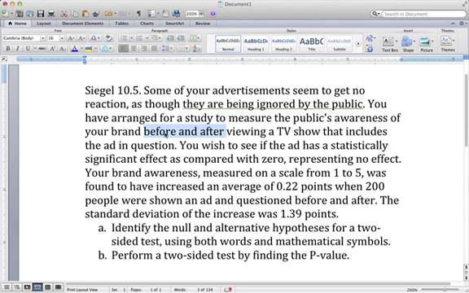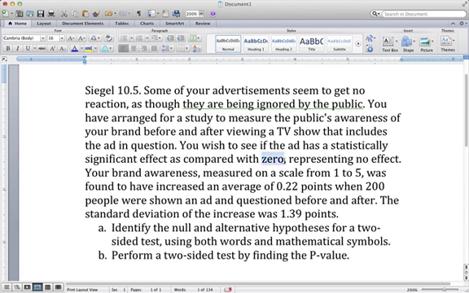So you're going to measure their awareness of your brand before seeing some TV show that has the ad in question. Then you're going to measure the same thing afterwards. So again, every person who's viewing this TV show has two measurements, one before, one after. So you wish to see whether the ad had a statistically significant effect as compared with zero.